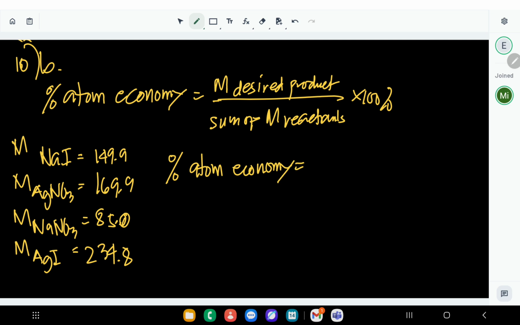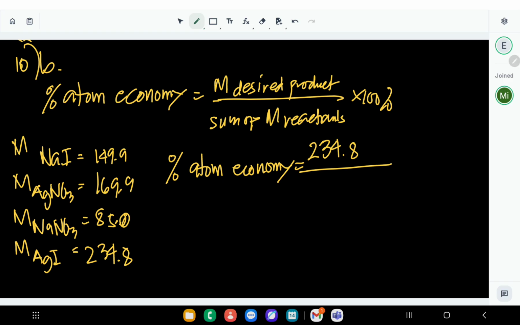Okay, molar mass of the desired product, our desired product here is silver iodide, right? So silver iodide, 234.8, divided by the total molar masses of the reactants.